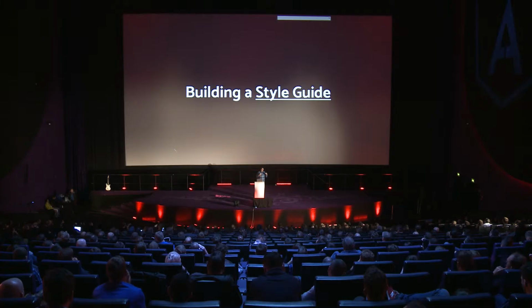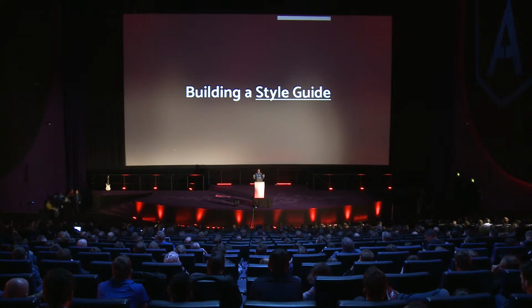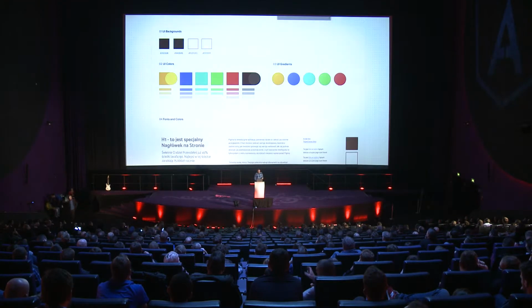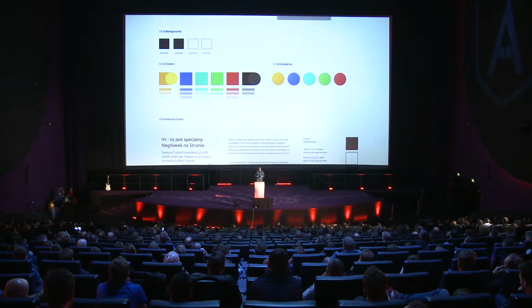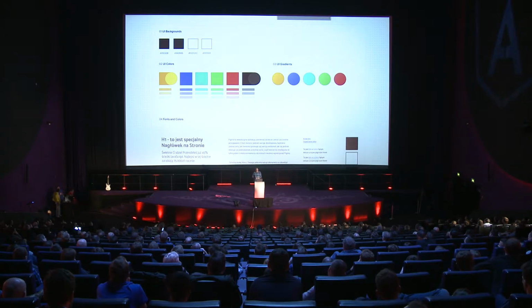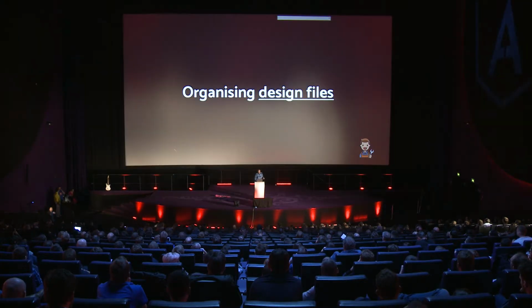And I'm adding those new elements step by step until I create something that's called a style guide, okay? So the style guide contains colors, typography, and symbols such as buttons and form elements, and it will let me keep it consistent on all the pages in my application, okay?